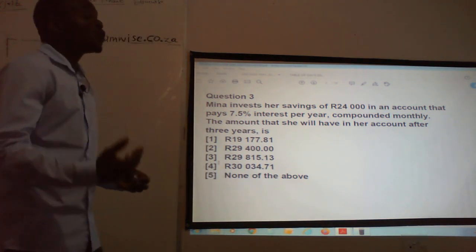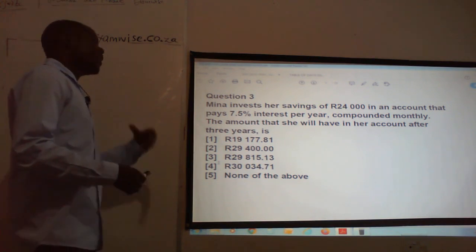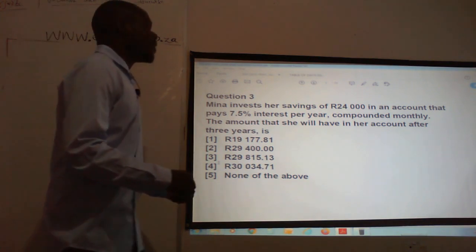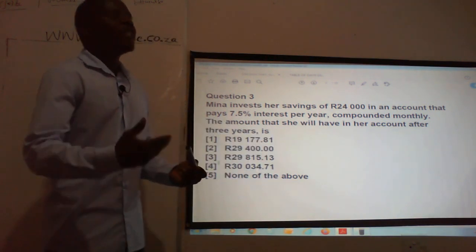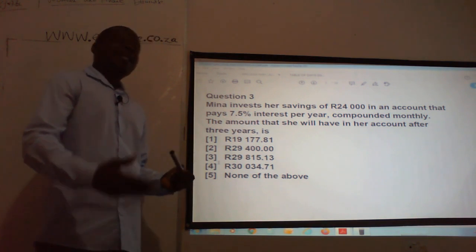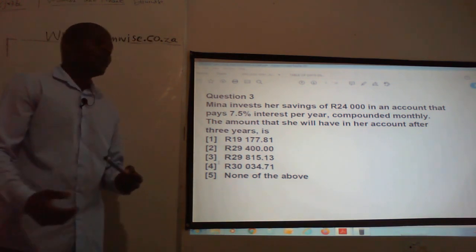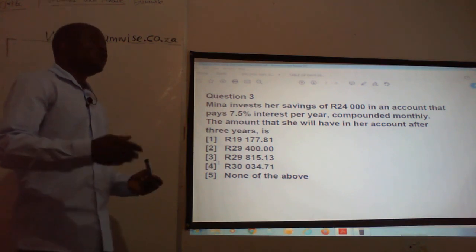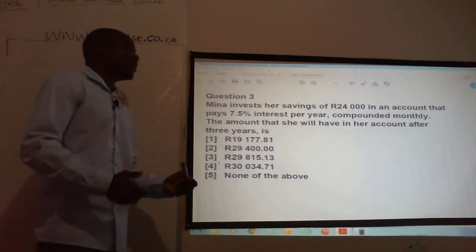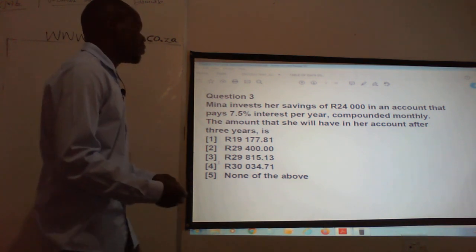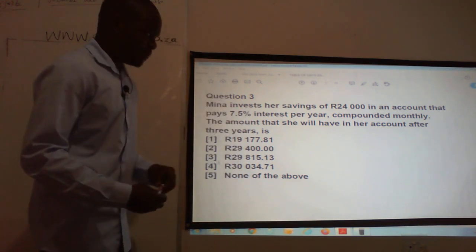So it means we have another model which we use to calculate our future value. As long as they are saying compounded, we use the compound interest model. Question number one, we used the simple interest model. Question number two, we used the simple discount model. Here they are now saying compounded, so we use the compound interest model.